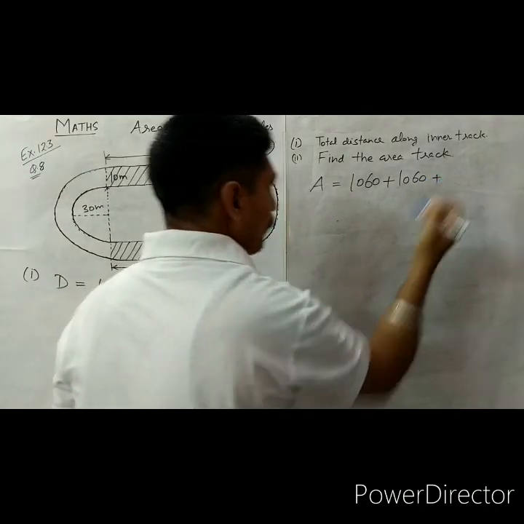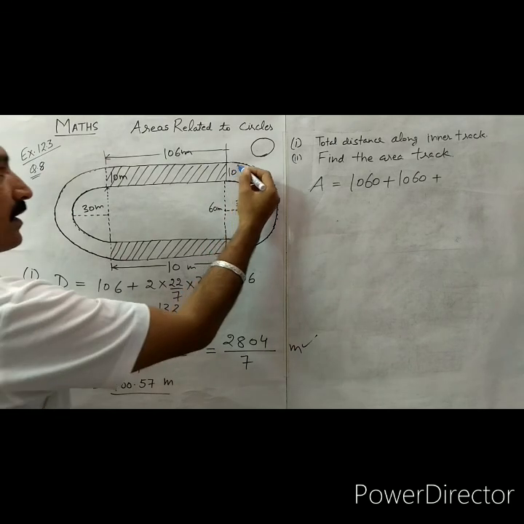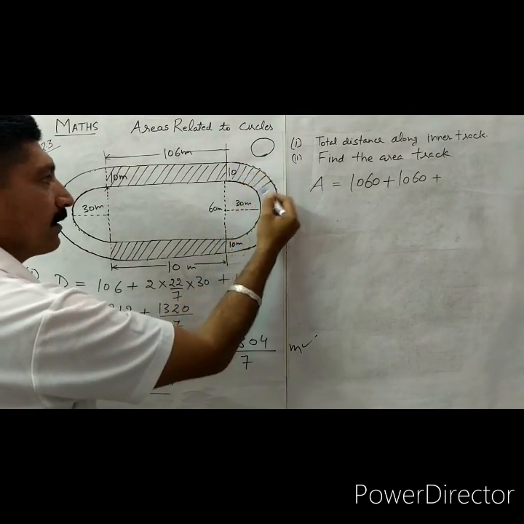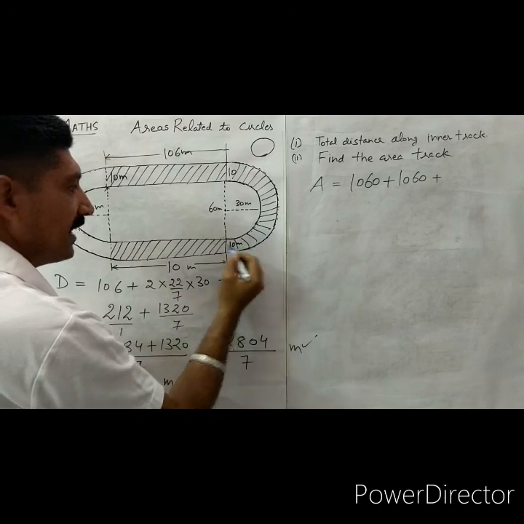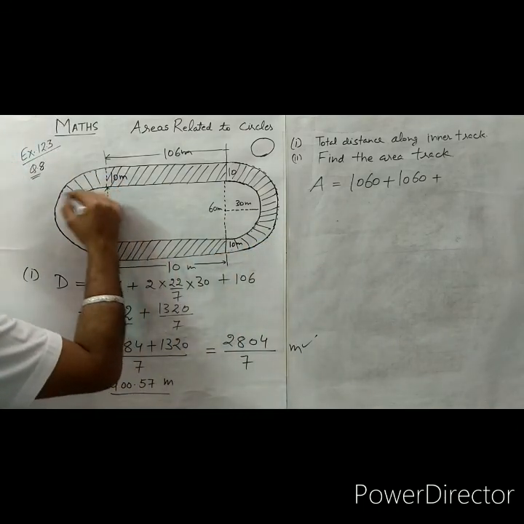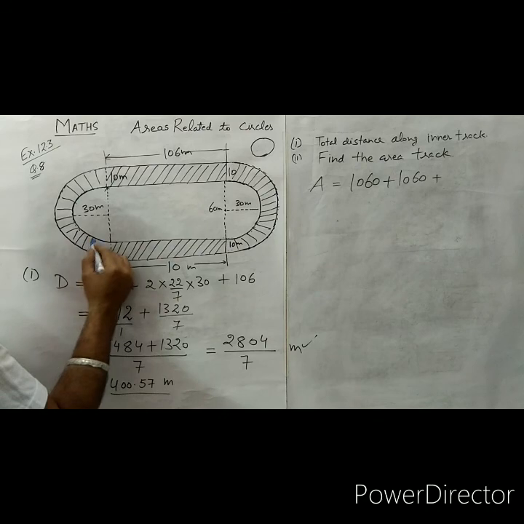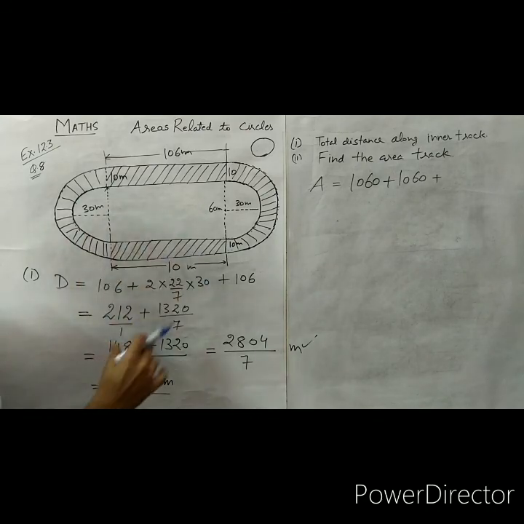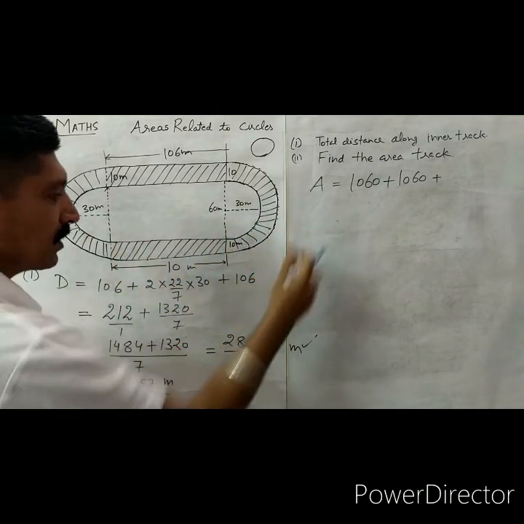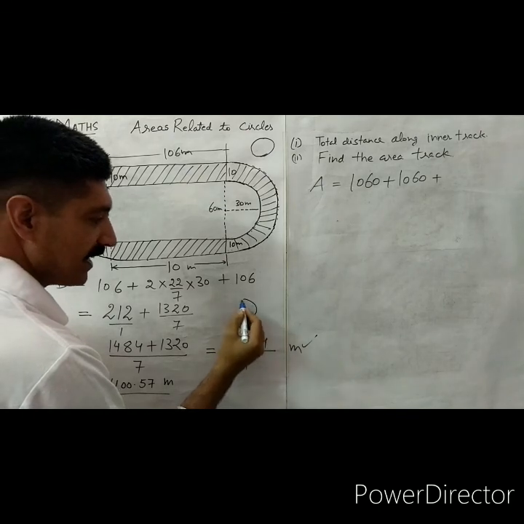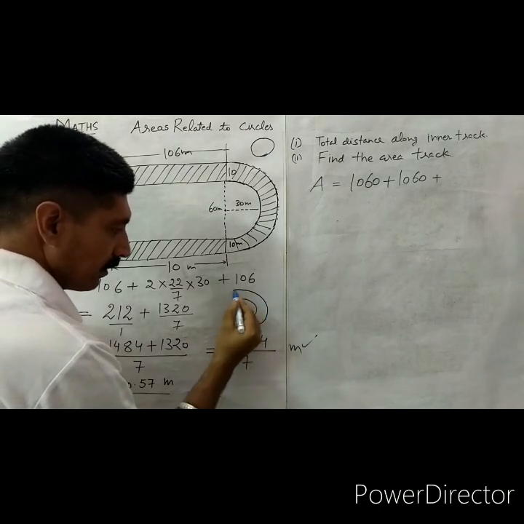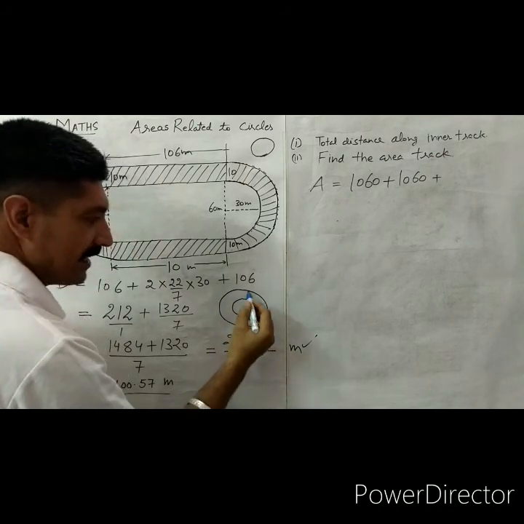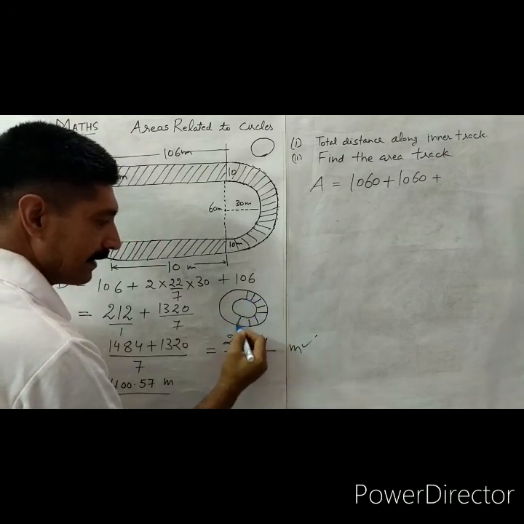plus, now we have this circular part, one from this side and another from this side here, right? So here these circular parts, one this side, this is one circle, and this total area is the area of a ring.